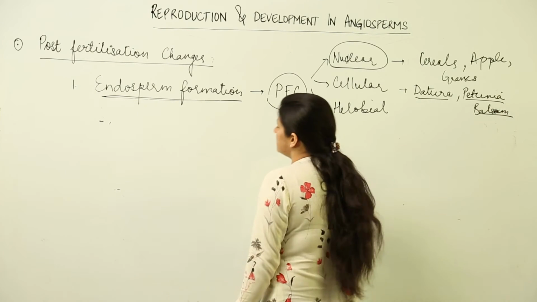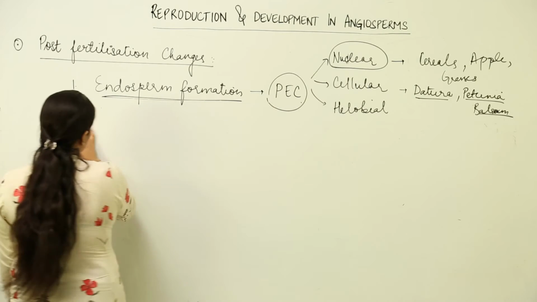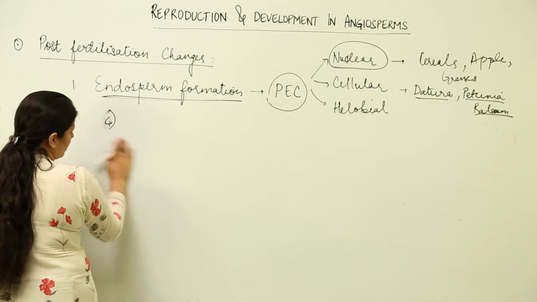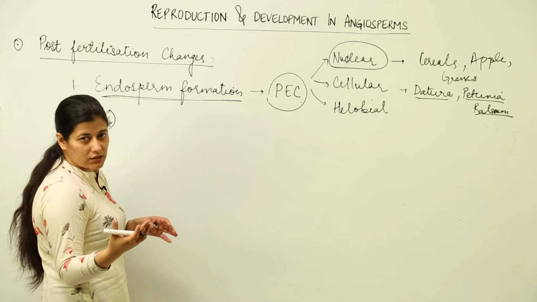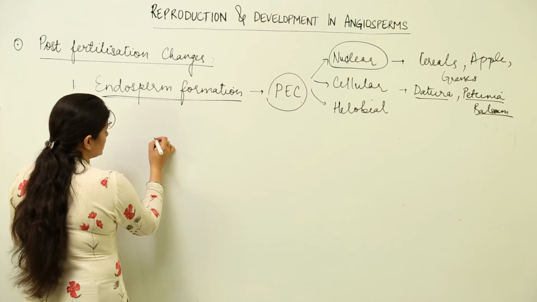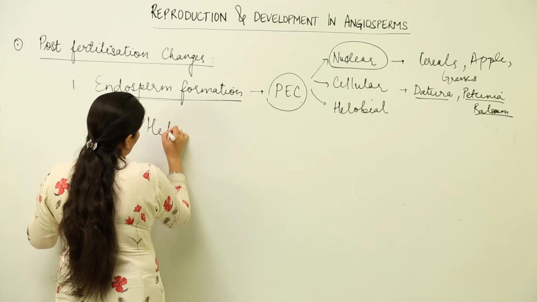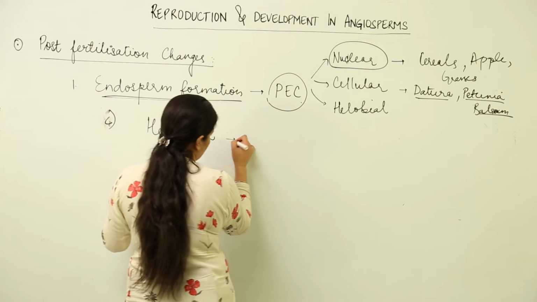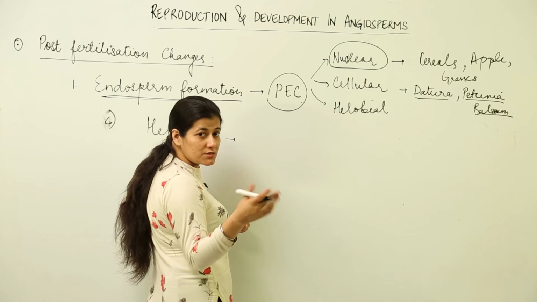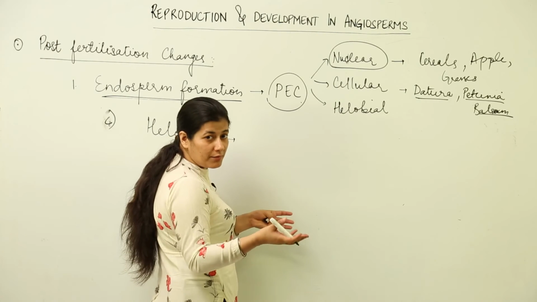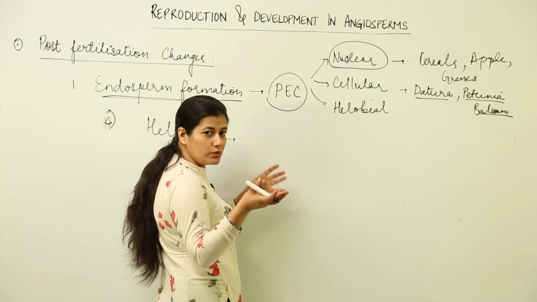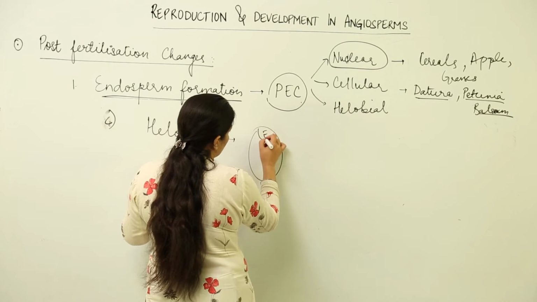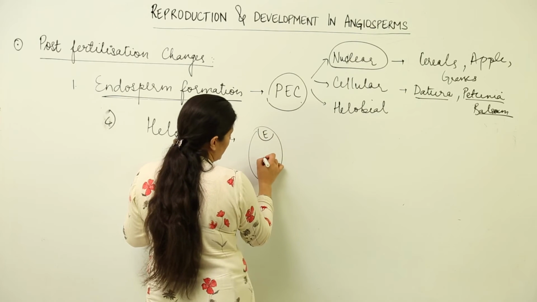And the last one, very rarely found, is helobial endosperm, where it is similar to nuclear endosperm. Supposedly you have the first mitotic division having cytokinesis, but later on the entire development is similar to that of nuclear endosperm. Now here again you have the embryo, you have the primary endosperm nucleus.